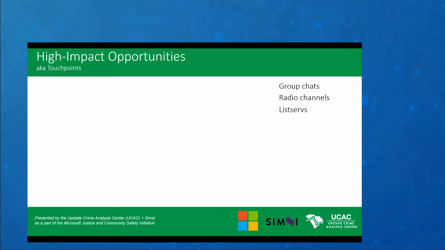One of the last opportunities or touch points, as I like to say, is access to group chats, radio channels, and listservs. These provide real-time intel to you, and you can provide live intel support to them. I'll share a quick example here. One time, their crime gun suppression team was looking for what they thought was a maroon SUV.